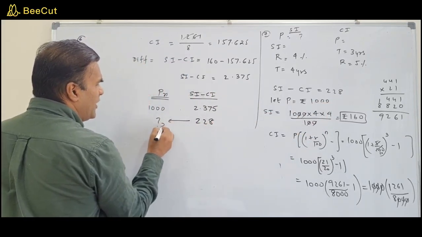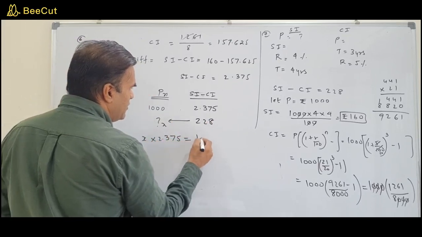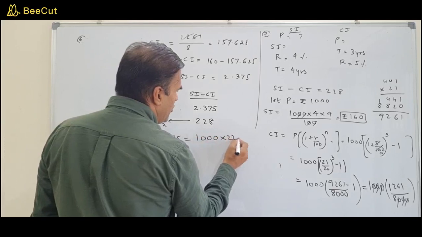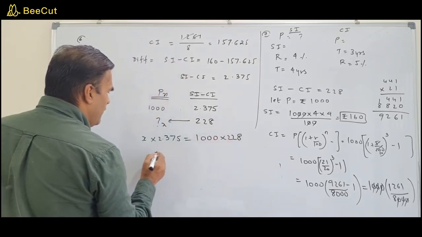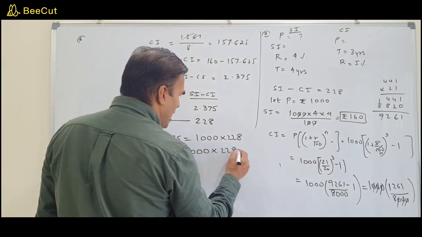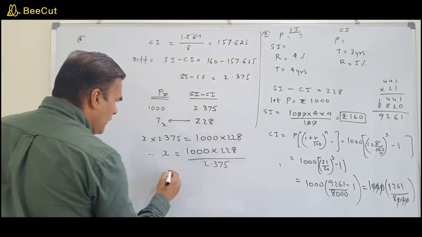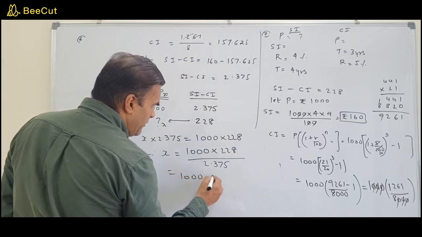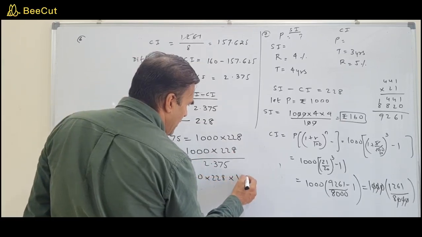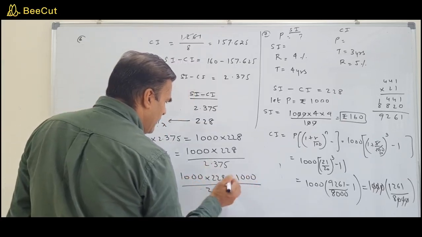So same by unitary method, x into 2.375 equals 1000 multiplied by 228. Therefore, x equals 1000 multiplied by 228 upon 2.375. Multiplying by 1000 to remove the decimals, 2375.